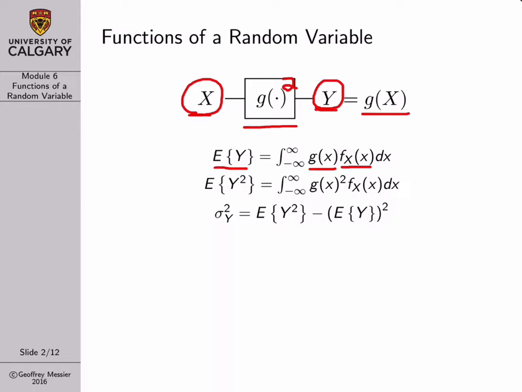So the mean squared value is, again, the integral of the PDF of the input multiplied by the squared function g. Then the variance can be calculated just by subtracting the square of its mean from the expected value of the squared random variable. So we know how to do that already, and often that's all we need to do.